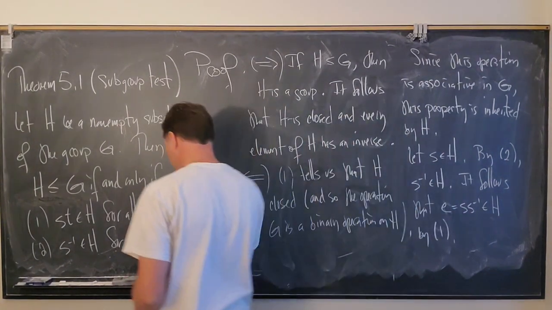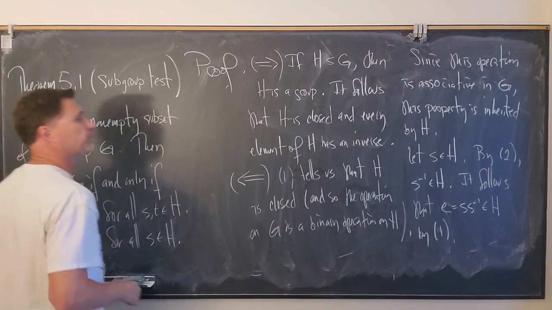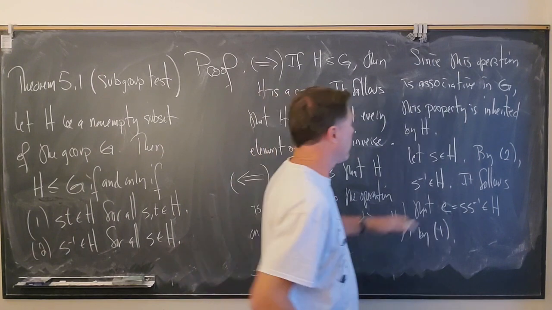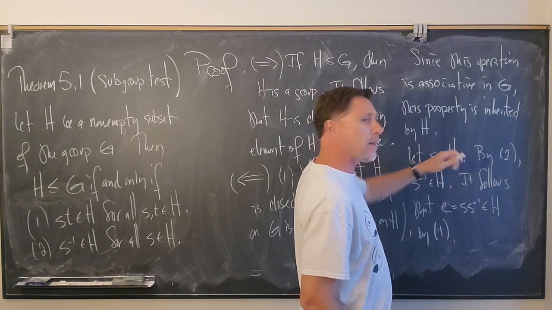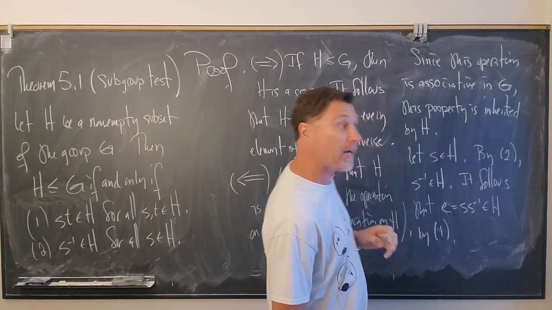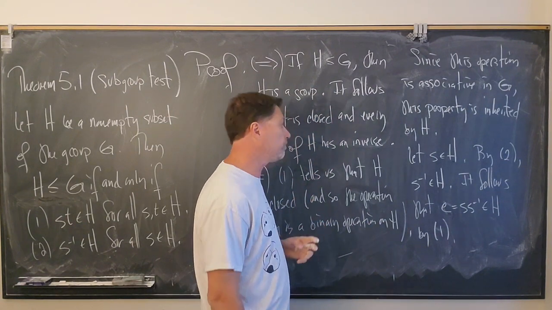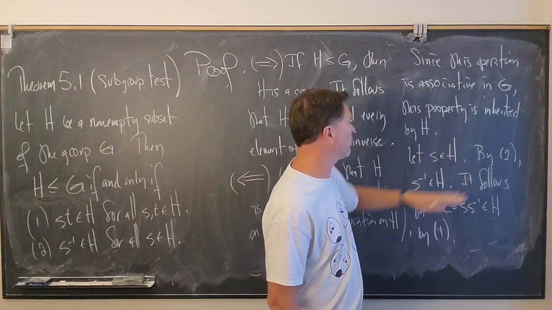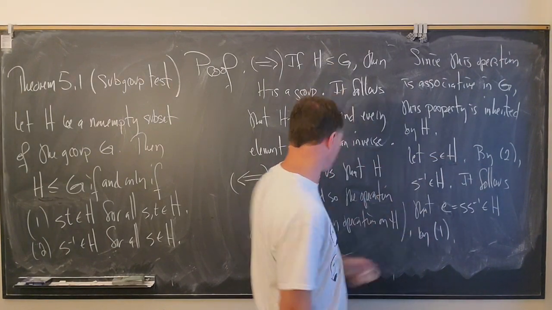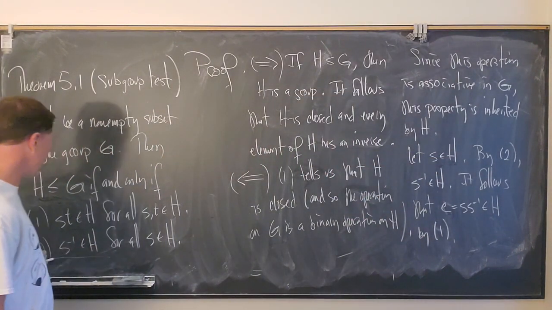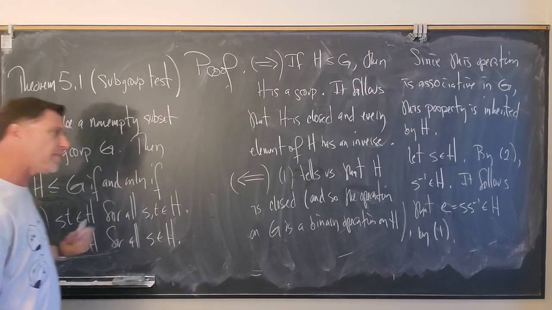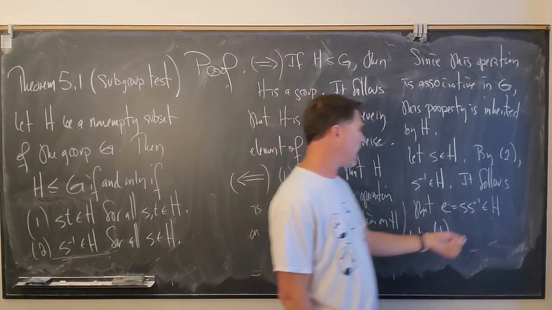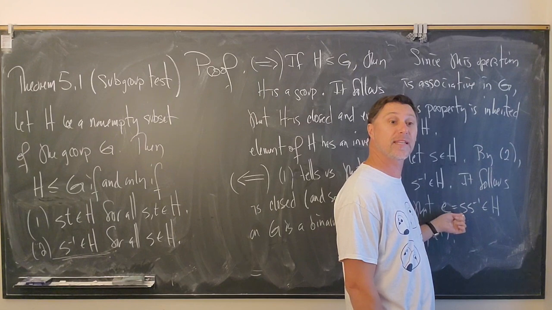And so what just happened here, I take some element of H, and my goal was to show that we've got an identity in H. I just chose a random element, doesn't matter who I chose. By property 2, we're guaranteed that the inverse is in H. And then I multiply those two elements together, S times S inverse, which we know gives us the identity.